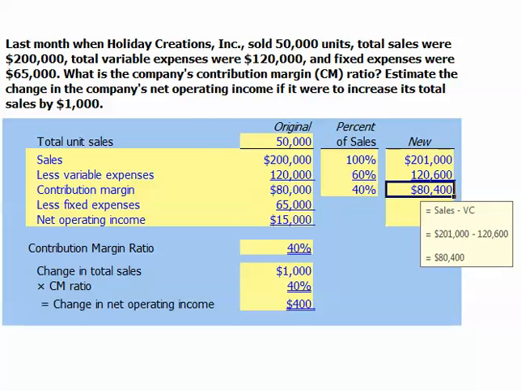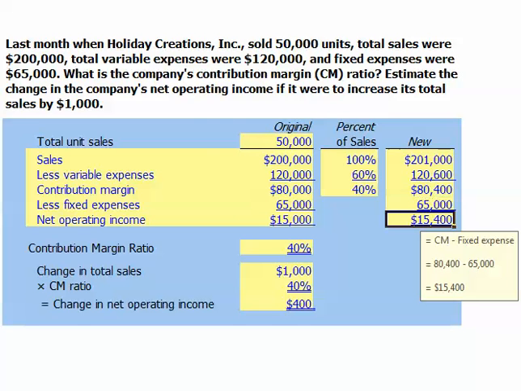This means our contribution margin will increase to $80,400. Since our fixed expense remained constant at $65,000, our net operating income will increase by $400 to $15,400. This is the same answer we got by multiplying our contribution margin ratio of 40% times the change in sales.